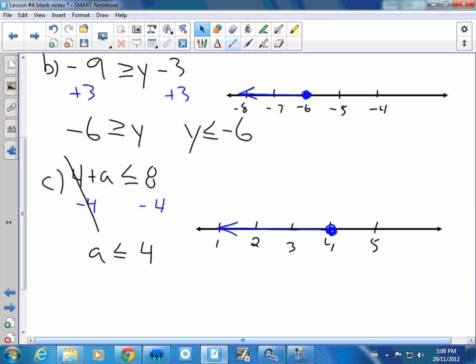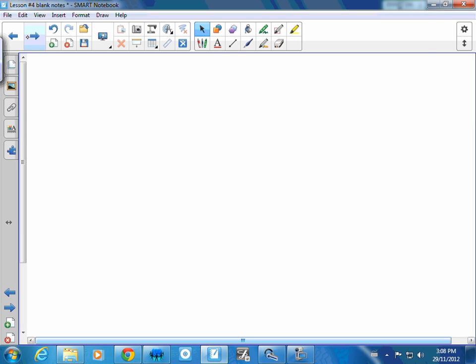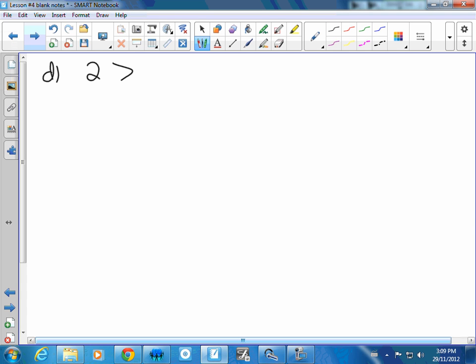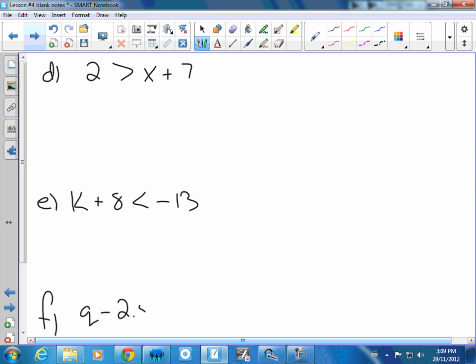Okay, bottom part of the box. Three more I'm going to give you right away. These should be faster. Here we go. D: 2 is greater than x plus 7. E: k plus 8 is less than negative 13. F: q minus 2.5 is less than 3.9.